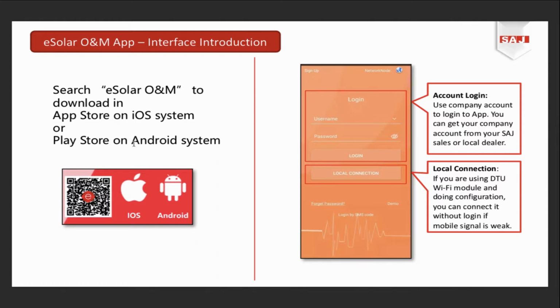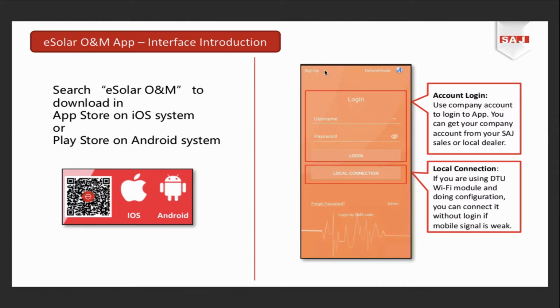Or if you access our web portal, you can also see a QR code on the left of the login interface. You can use the camera of your phone, scan it, and download the application.